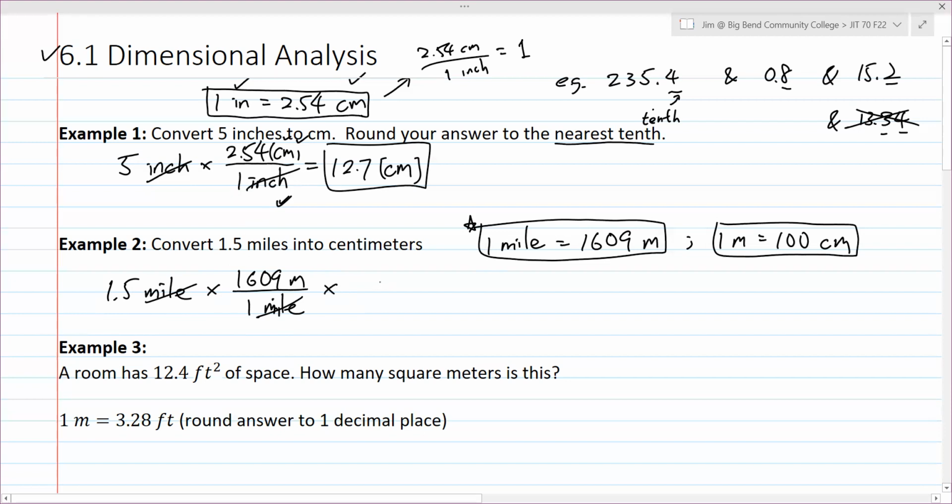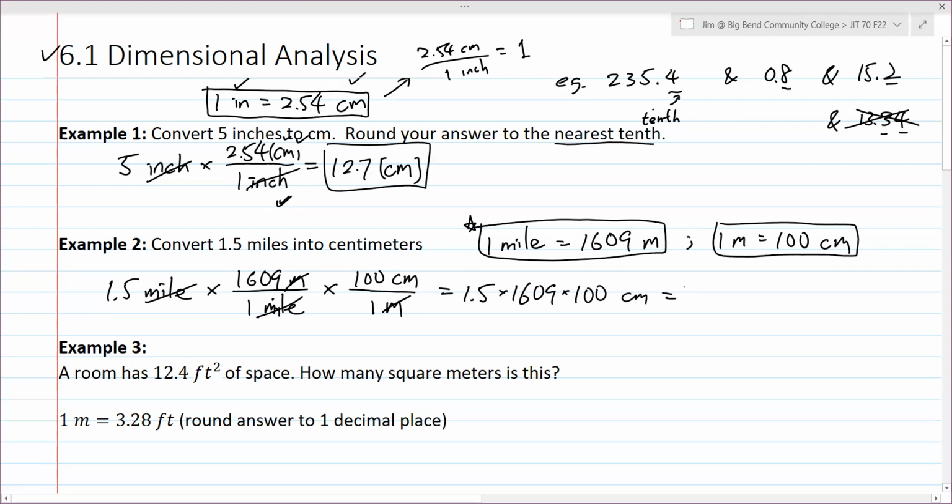And then we multiply another fraction because we eventually want the final unit to be centimeters, right? We have 100 cm over 1 m. Why? Because the m's are divided out. So what we have is 1.5 times 1609 times 100 in the centimeter unit.